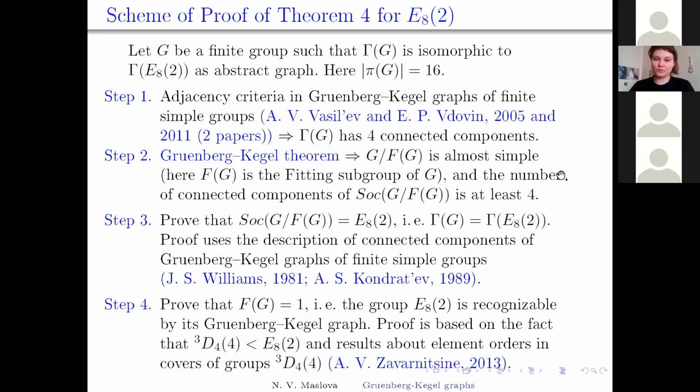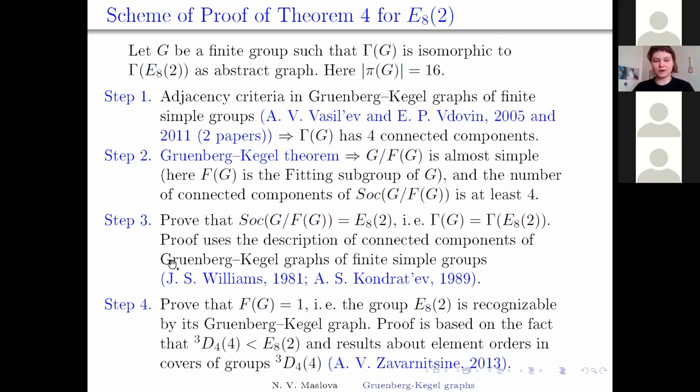And the number of connected components of the graph of this group is at least 4. We know the description of connected components of Gruenberg-Kegel graphs of finite simple groups, and we take the list of finite simple groups with at least 4 connected components of the Gruenberg-Kegel graphs.